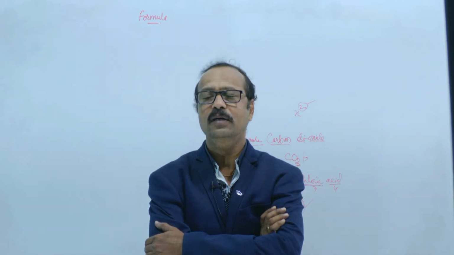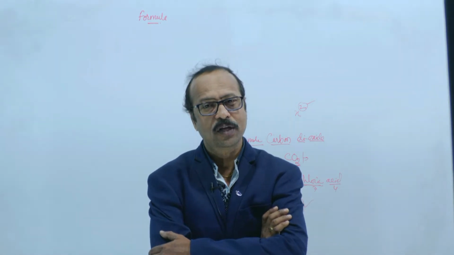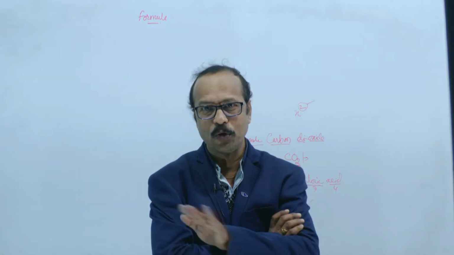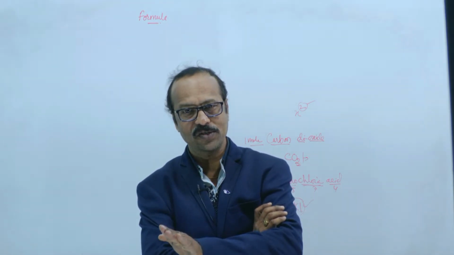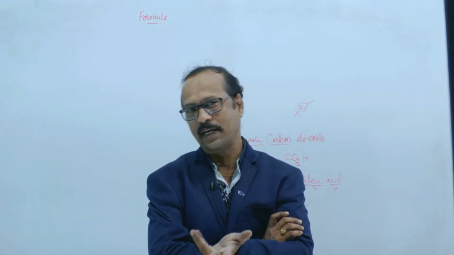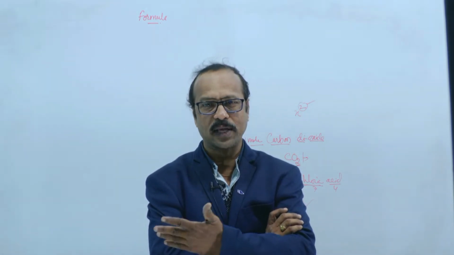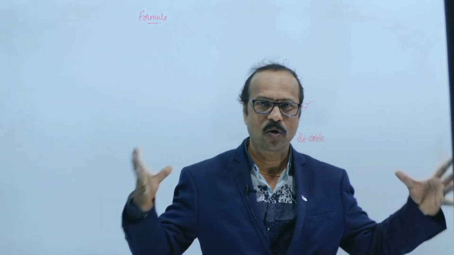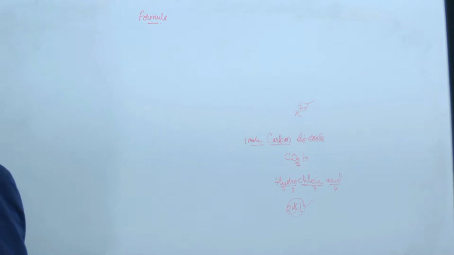If you don't know, no problem at all. For today, just refer to the page and start writing the formulas. If you continue like that, automatically you will come to know all the formulas. Right? So chalo students.